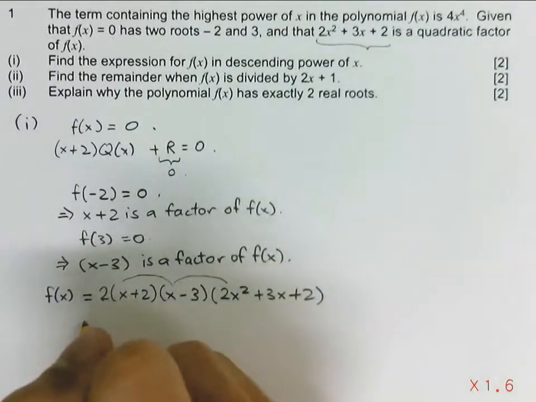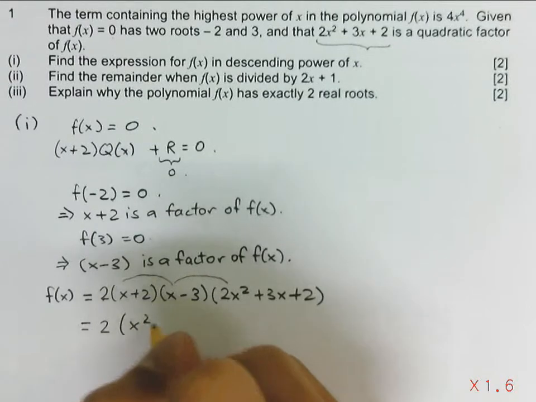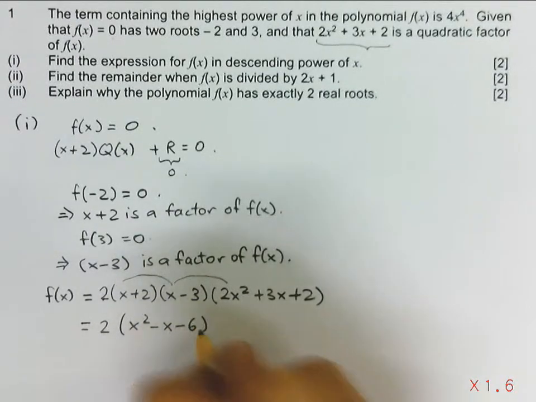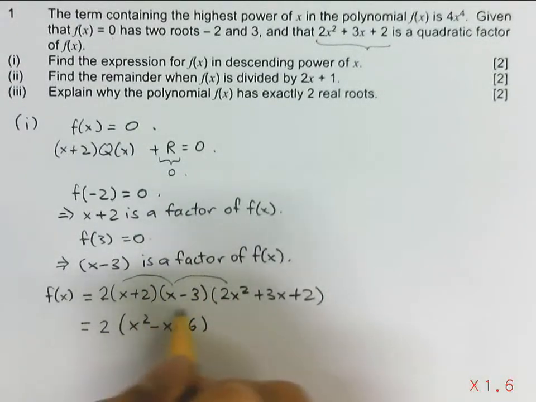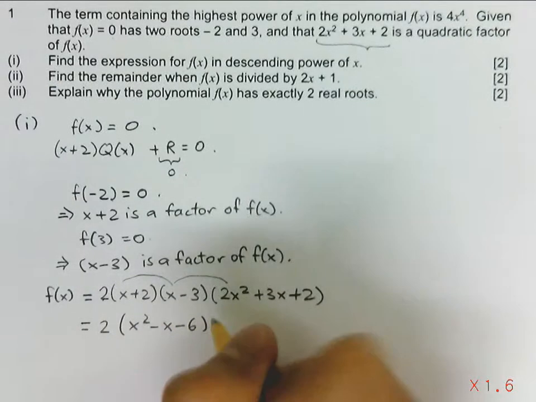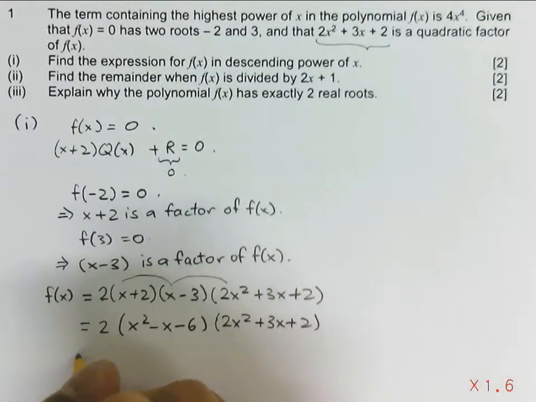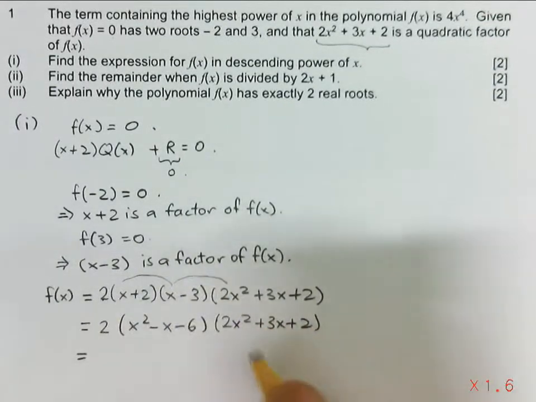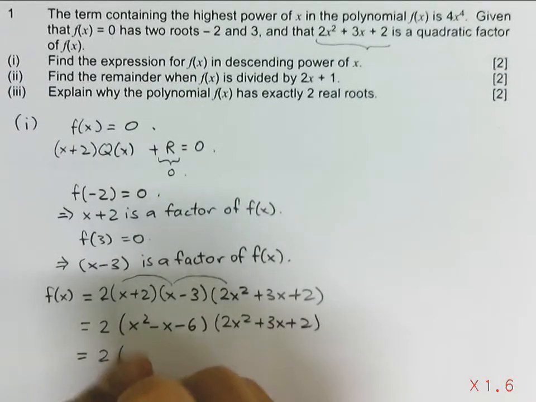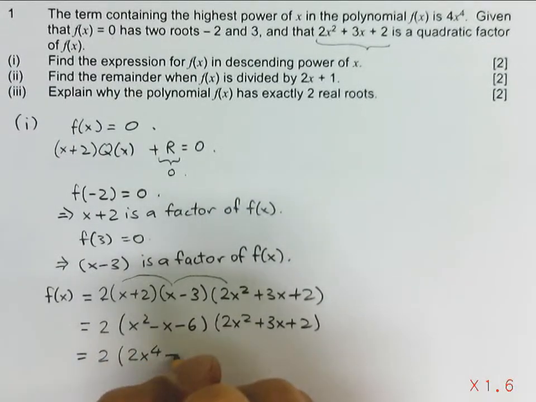Expansion of the first two brackets of the linear factors will give us this quadratic factor together with the last quadratic factor, and further expansion will give us this expression for f(x).